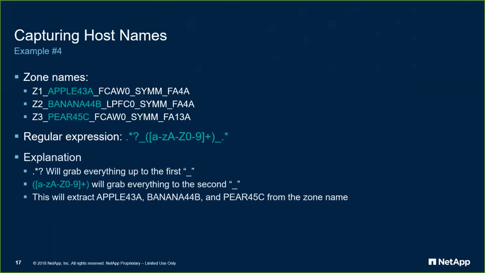Then the parentheses indicate this is what we're looking to extract. This is the device name we're looking for. The bracketed characters, again, match any alphanumeric character. The plus sign just indicates that those alphanumeric characters must occur 1 or more times. The underscore that follows the parentheses indicates that the alphanumeric string before it must be followed by an underscore. And then again, we've got the period asterisk to say we can match any number of characters.